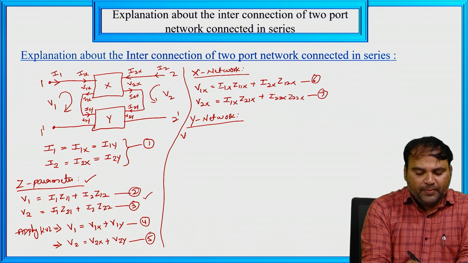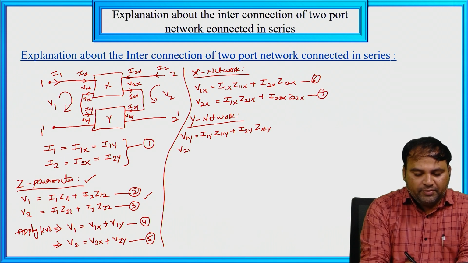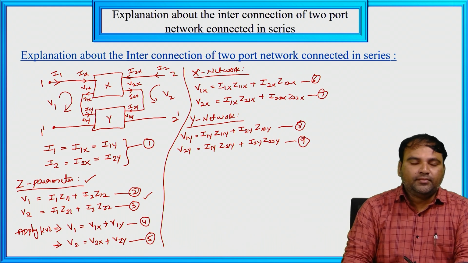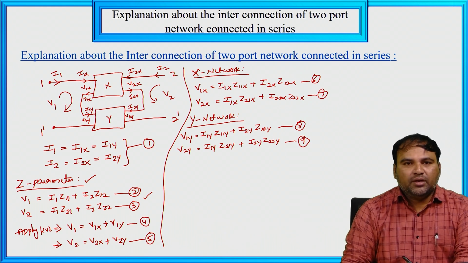So V1y equals I1y into Z11y plus I2y into Z12y, and V2y equals I1y into Z21y plus I2y into Z22y. Let us take this as 8 and this as 9.